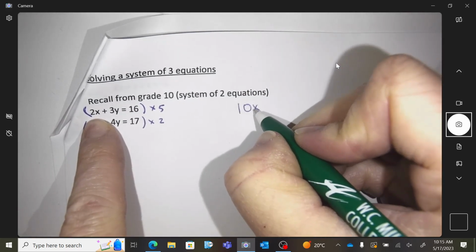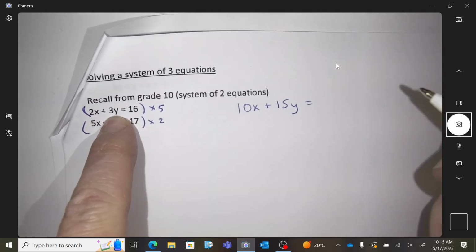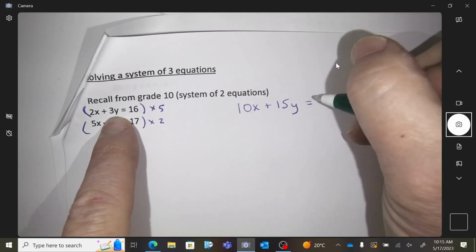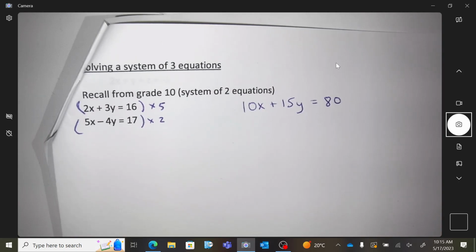So 10x plus 15y equals, is that 80? 16 times 5? Yep. Okay, the next one I'm going to times by 2.